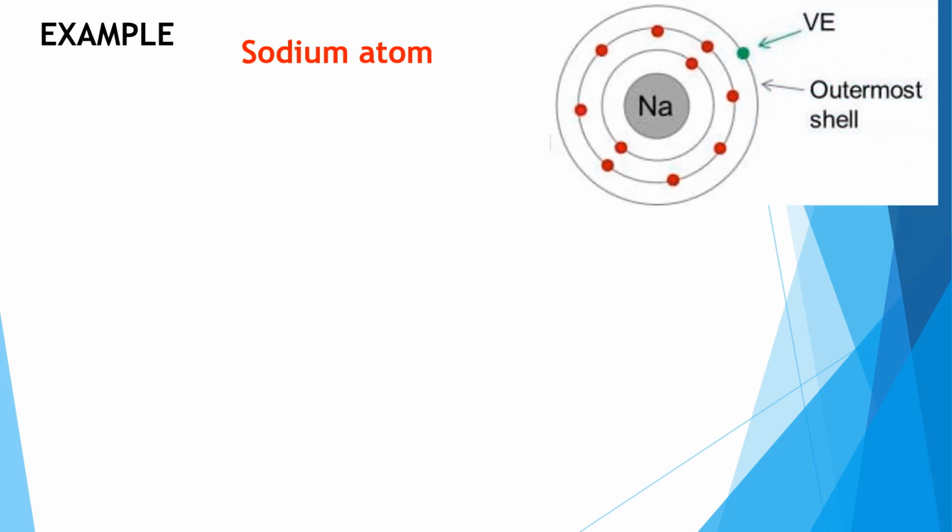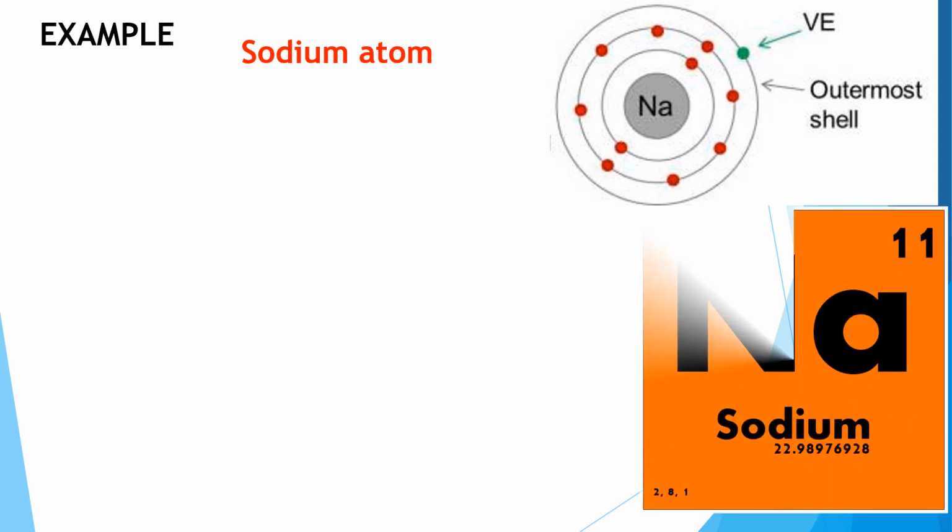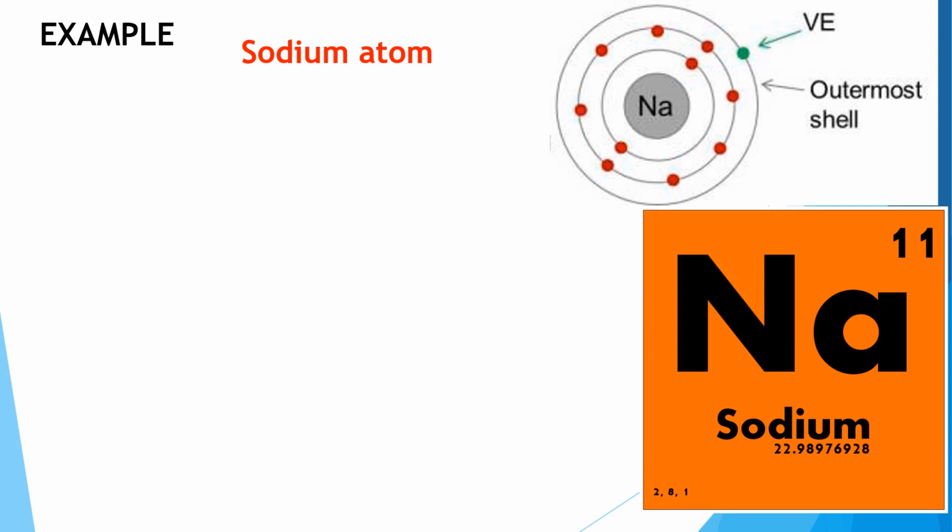Example: sodium atom. Here is a sodium atom. This is the outermost shell. This is the valence electron. Sodium atom has proton number 11 and mass number 23.